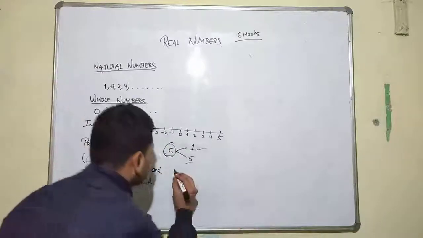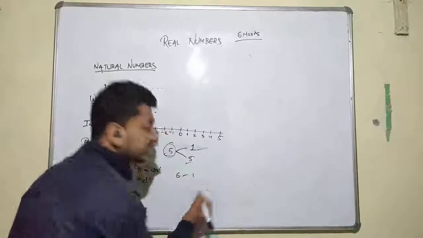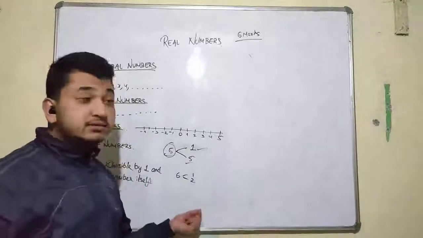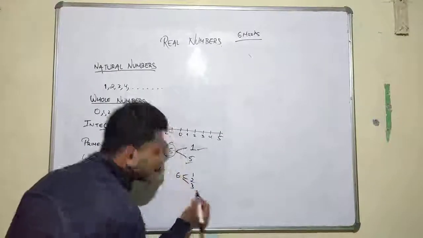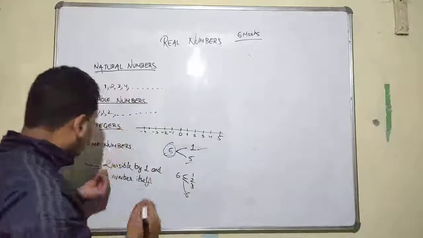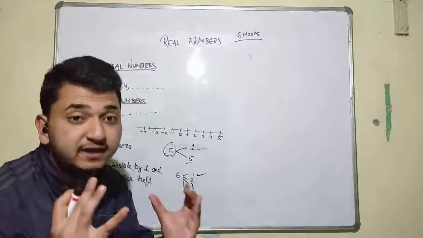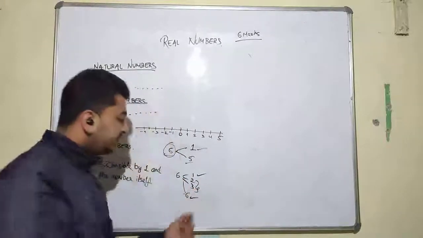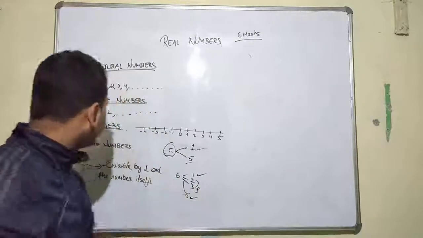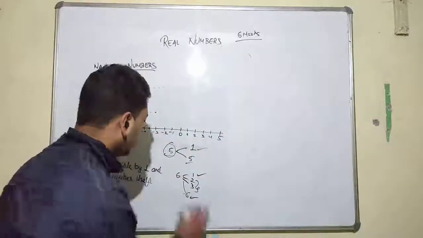But we'll see 6. 6 can be divided by 1. 6 can also be divided by 2, 3 also, and 6. It is fulfilling divisible by 1, and it is fulfilling divisible by the number itself. But 2 more factors are there. Because of these 2 factors, 6 is not your prime number.